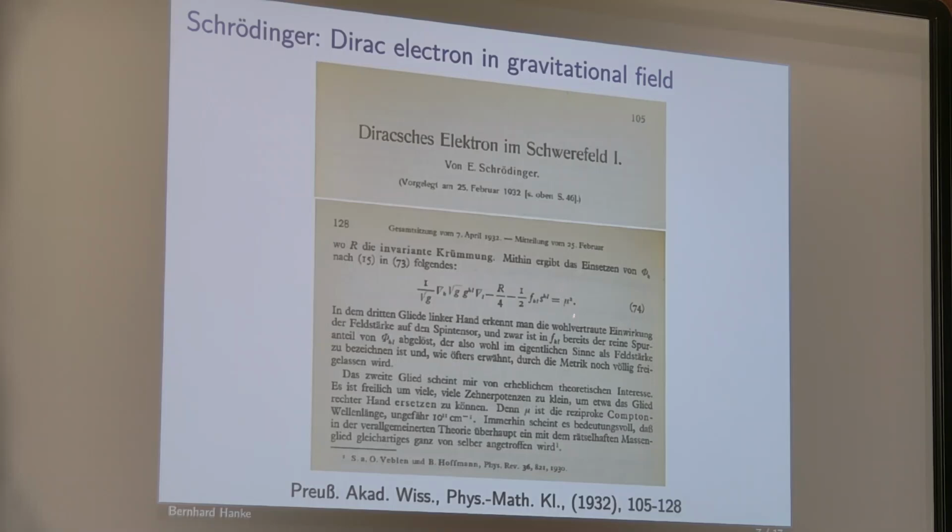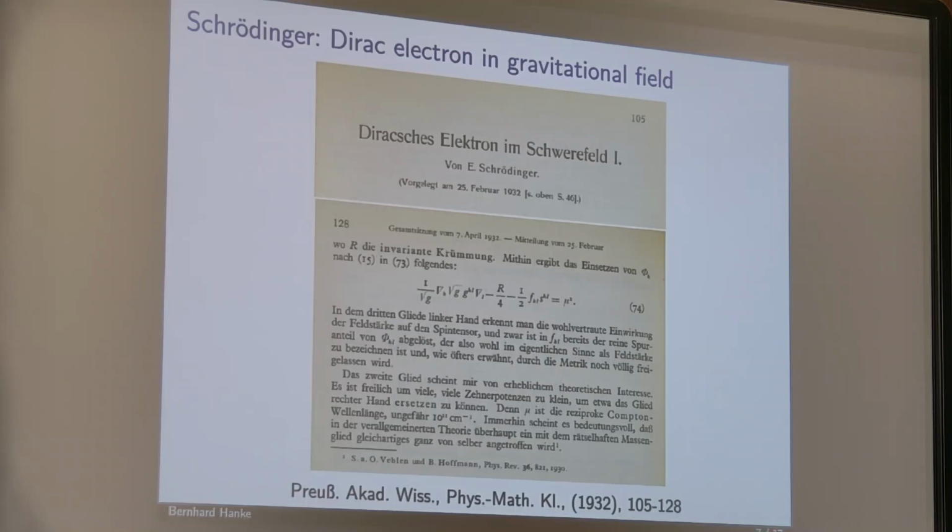But on the right-hand side are the eigenvalues squared of the Dirac operator. On the left-hand side, we have the Laplace operator, and we have this additional term, which involves the scalar curvature. Schrödinger says that the second summand seems to be of significant theoretical interest, but he doesn't give a theoretical interpretation for this term.